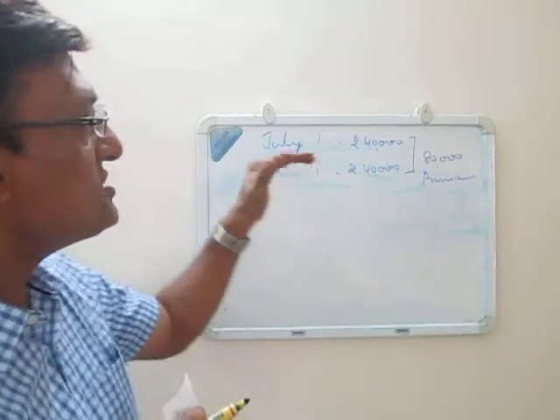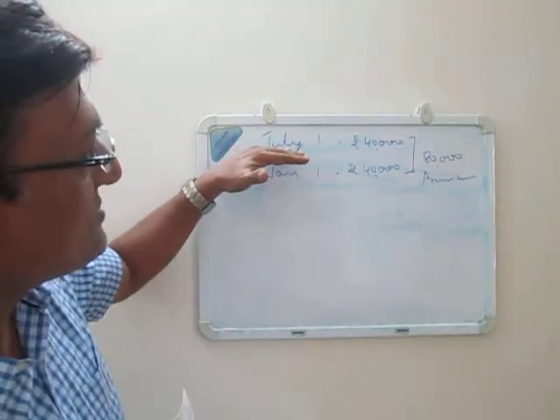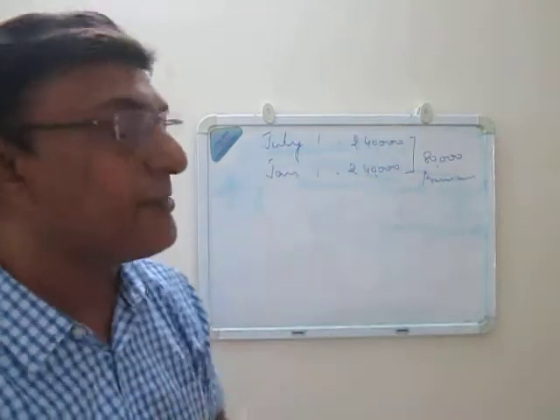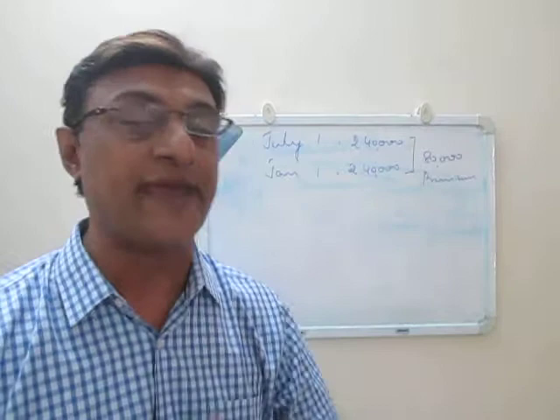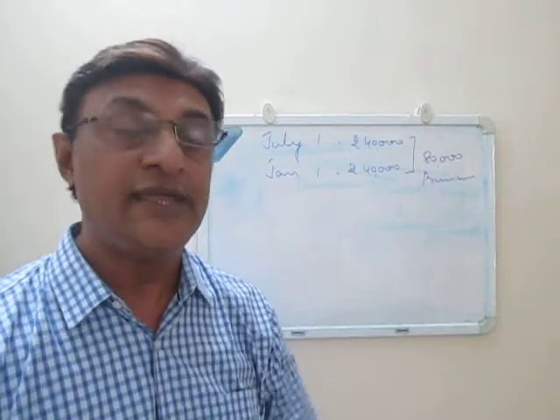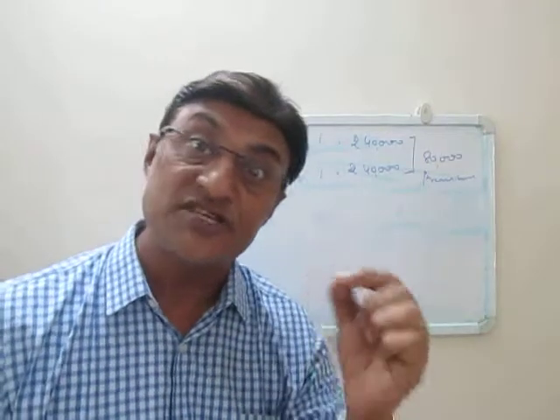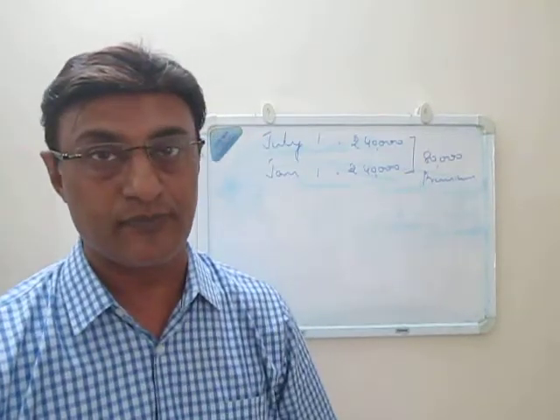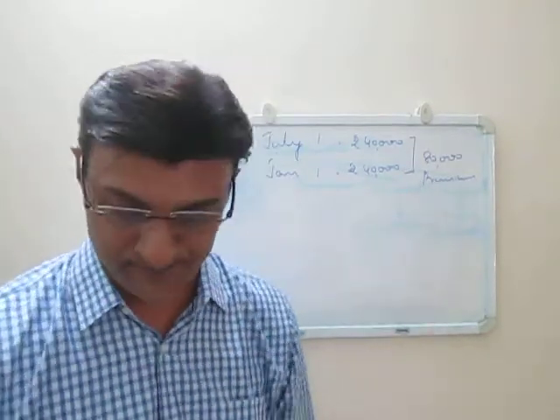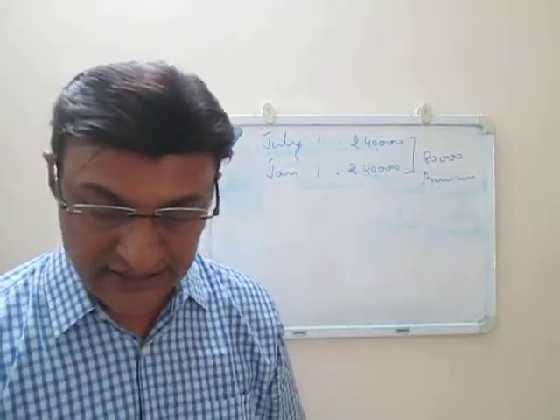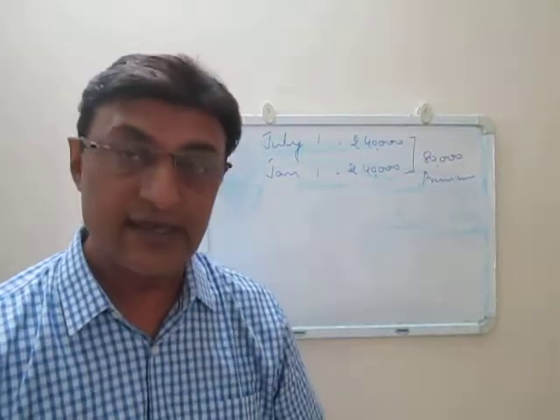Now, when the insurance premium is paid on July 1st, involving an amount of 40,000, let us say by check, the account which is debited is insurance premium account. It is an expenditure. In an expenditure, the debit arises.